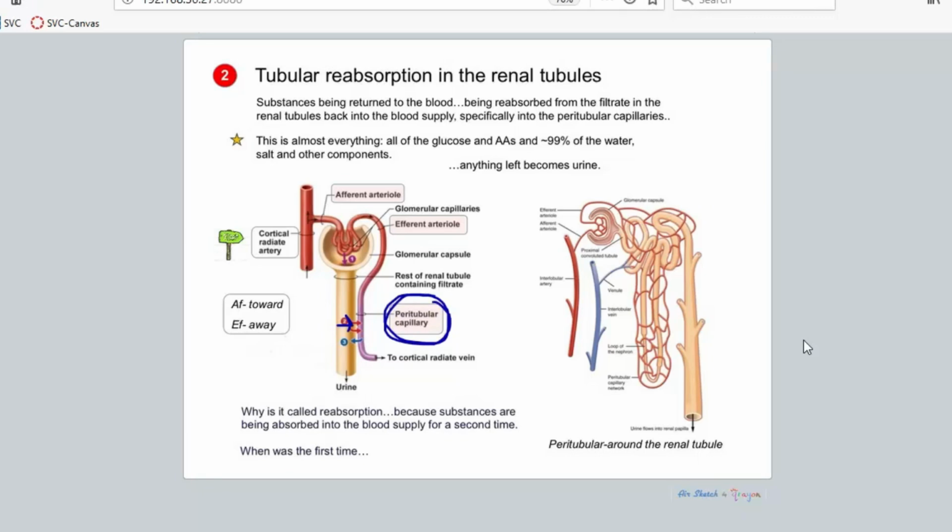Now, why are we returning things to the blood? We take all this stuff out of the blood, and then most of that we're actually going to return. Why are we doing that? We're doing that to maintain blood chemistry.